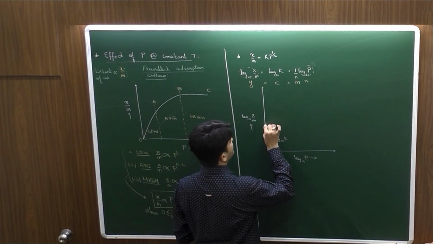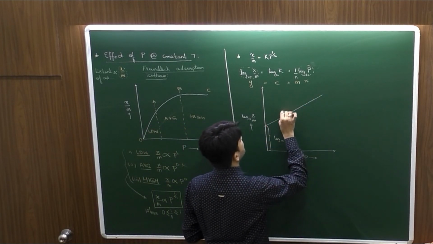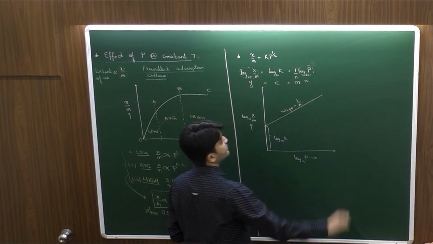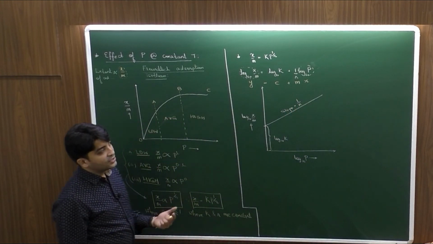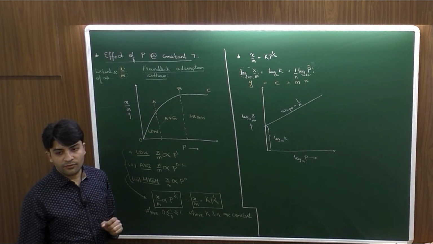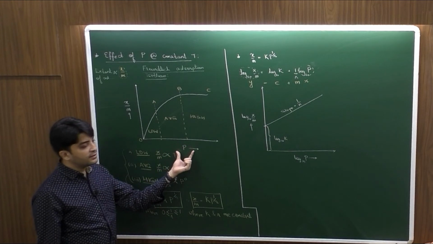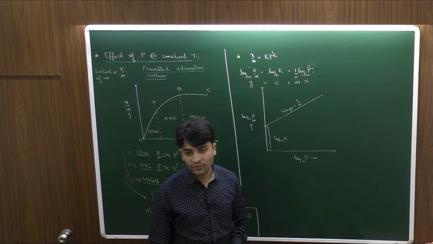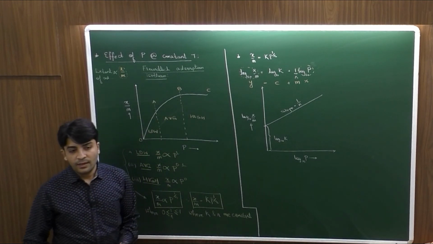And then as we increase the pressure, it will go on increasing, and the slope will be given by 1 by n. Clear? So validation of Freundlich adsorption isotherm is better with the logarithm form. This form is actually difficult to analyze, but this particular form will be easier in terms of calculations and other things. Clear with that?